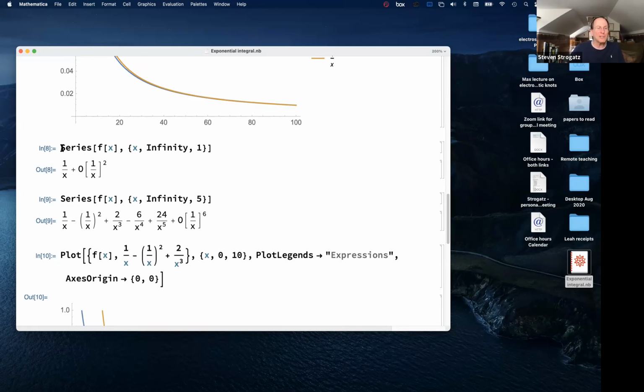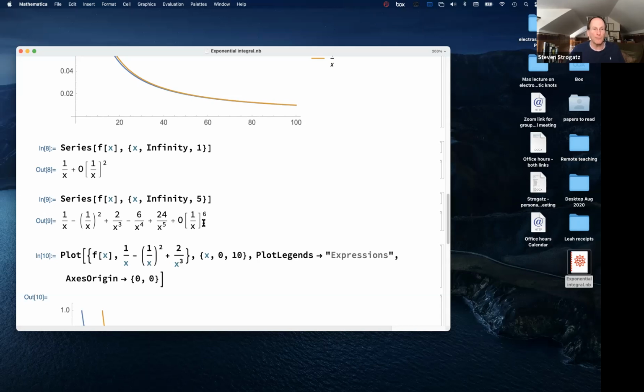You can compute the asymptotic expansion like this. You say, take the series of f with respect to x, but expand around the point at infinity. Expand at x equals infinity, right? That's what we said. This is asymptotic as x goes to infinity. And then just give me one term. Well, it gives me 1 over x, which is the correct first term. I could say, no, actually, I meant for you to give me 5 terms.